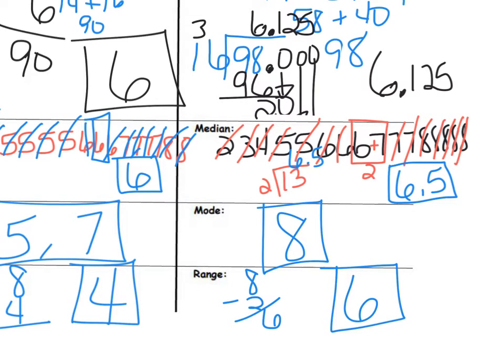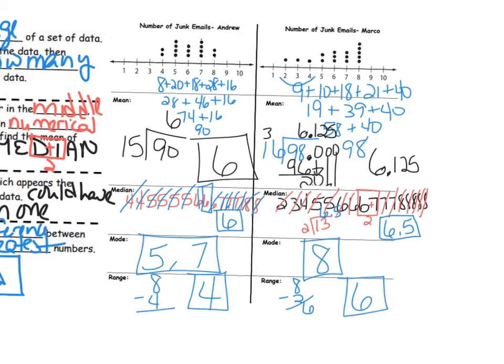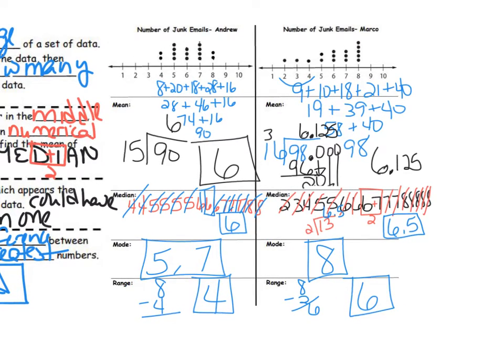Now, the new thing about this year is that now you would need to compare all the data. So in this case, 6 is the mean for Andrew, and 6 and 125 thousandths is the mean for Marco.